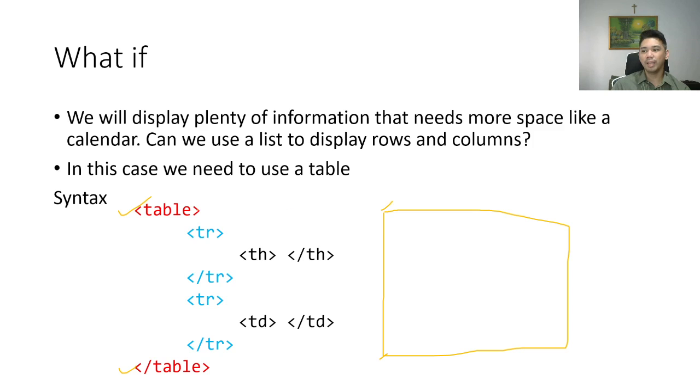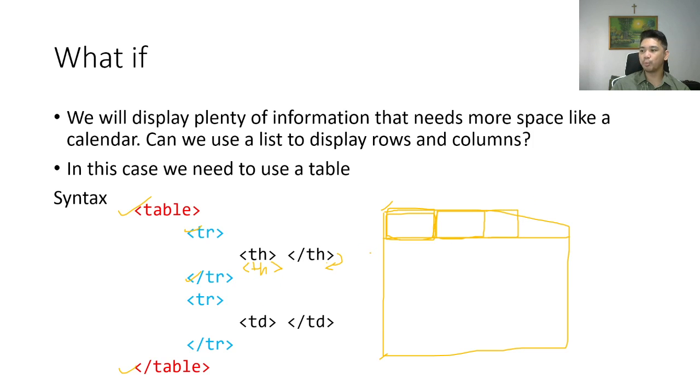Imaginary table. And then, pagka nilagay natin yung tr/tr, it creates an imaginary row. Pag naglagay tayo ng either th or td, it creates the actual cell. So, kapag naglagay tayo ng isa pang th, it will now create the second cell. Pag naglagay tayo ng isa pang th, gagawa siya ng pangatlong cell.